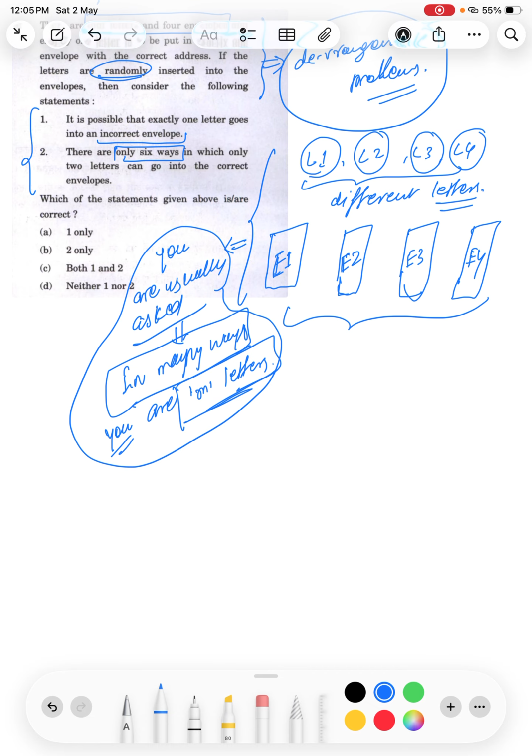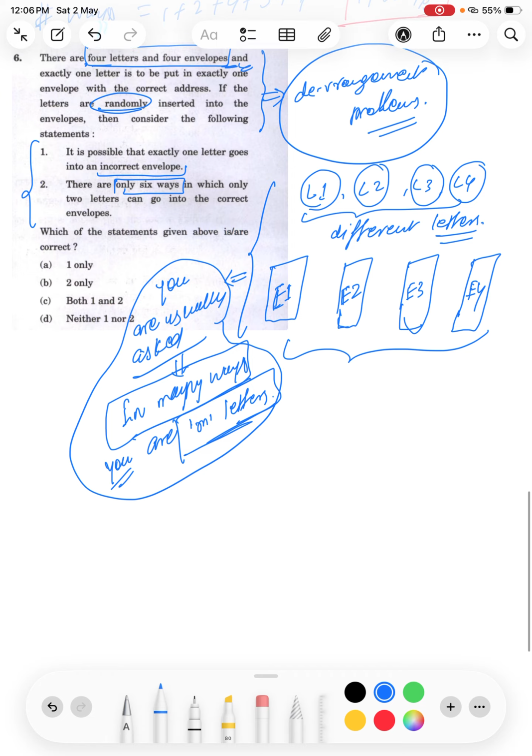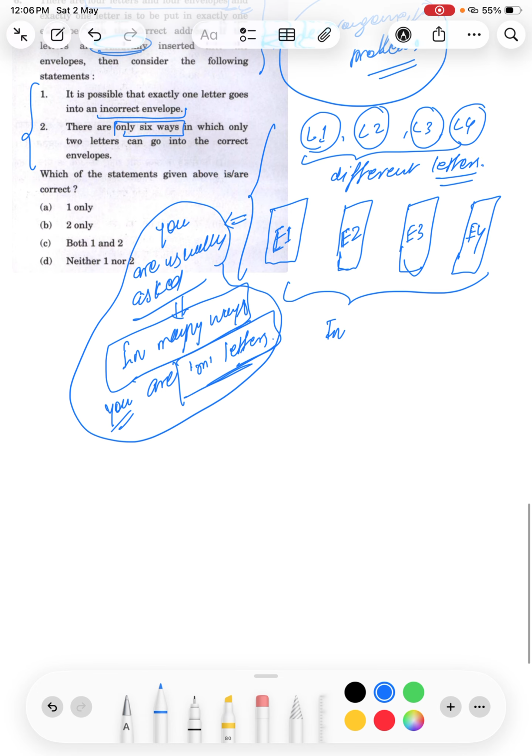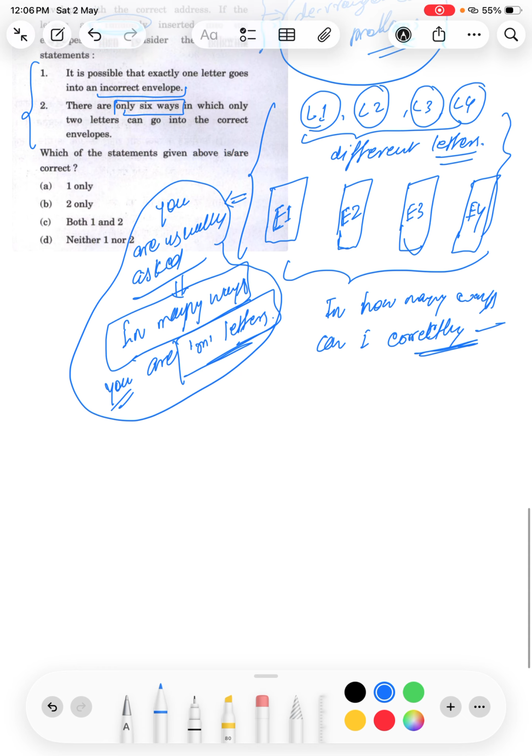So if I ask you how many ways can I correctly put these letters into 4 envelopes, there is only one way, right?